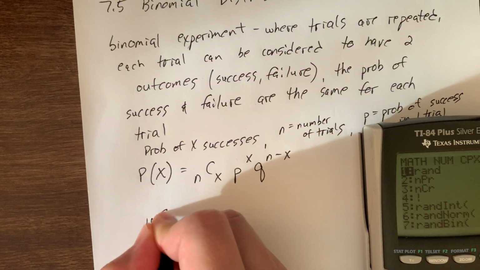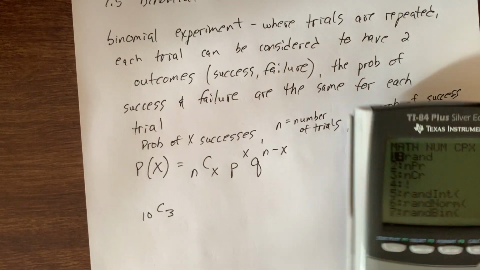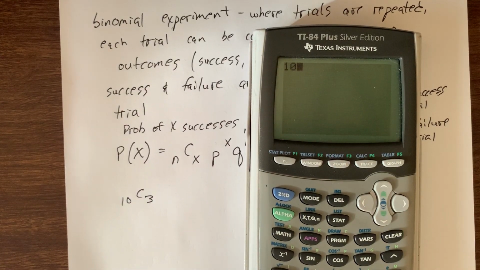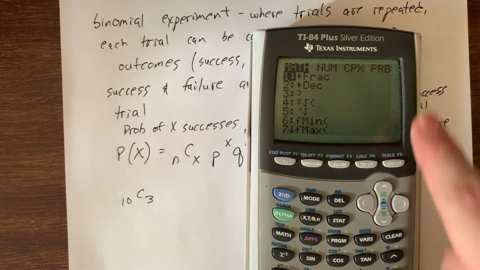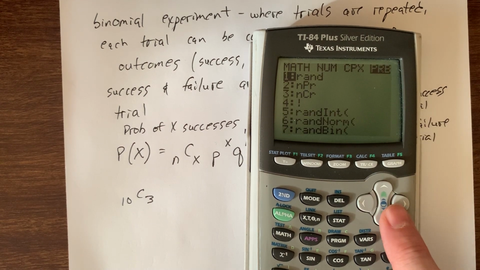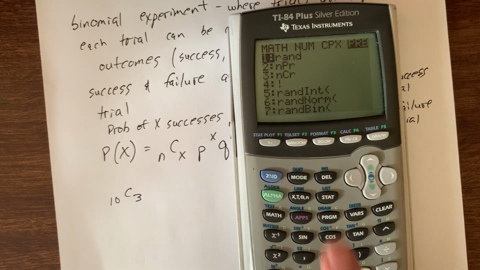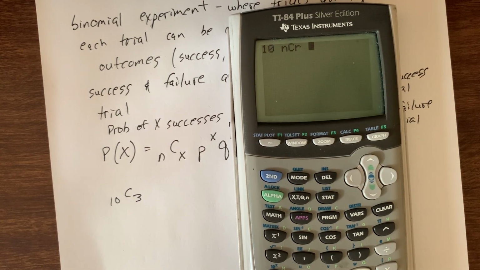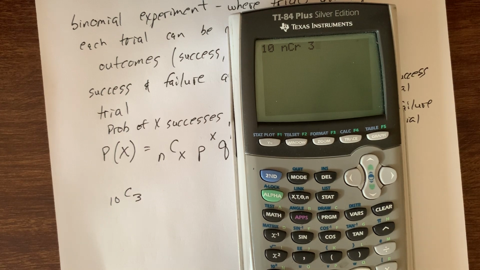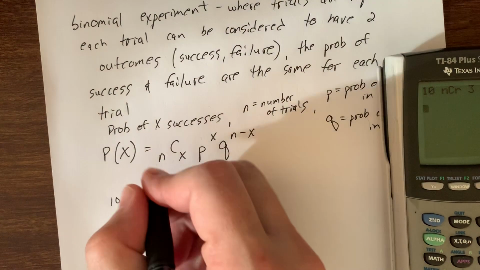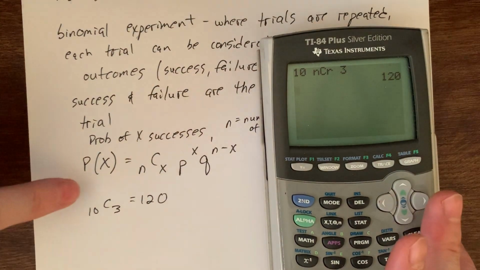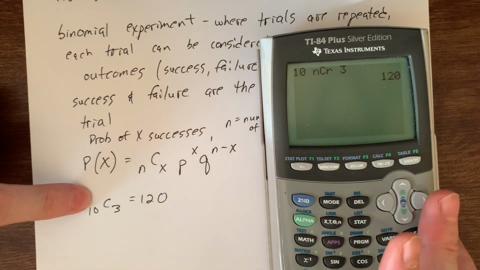If I wanted, let's say, 10C3, on my blank page, I would put in the 10, then math, then scroll over to PRB. I could either click number 3, and that'll give me the NCR, or scroll down and click enter, and then I'd put in the 3, and then hit enter, and that equals 120.